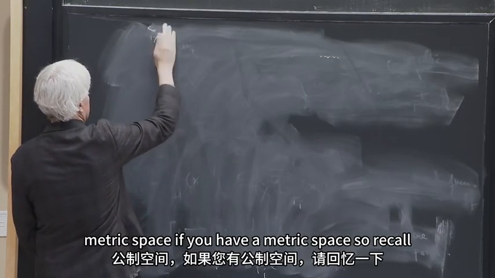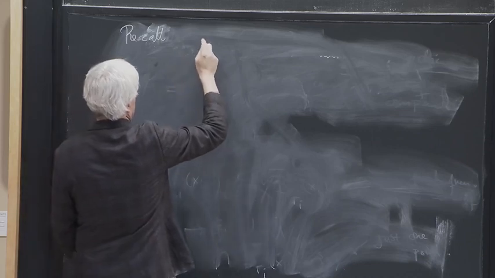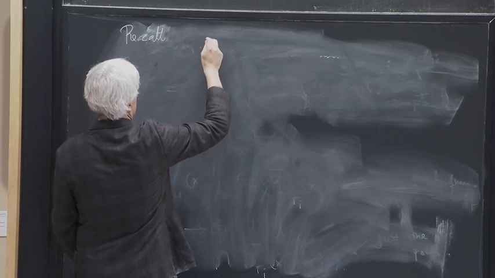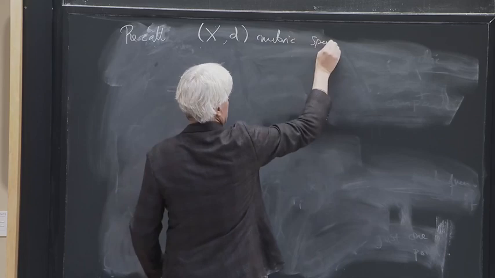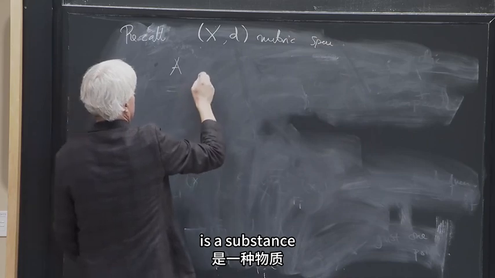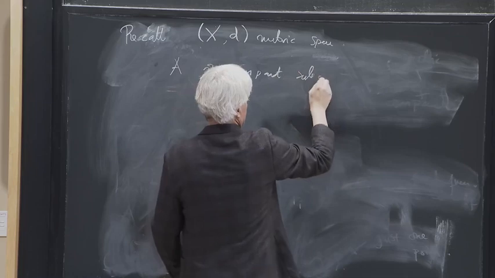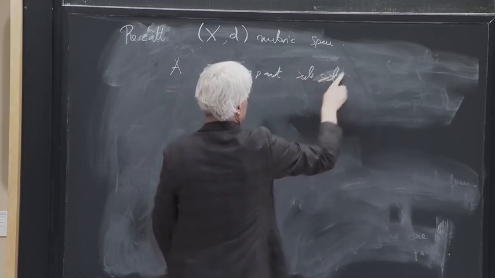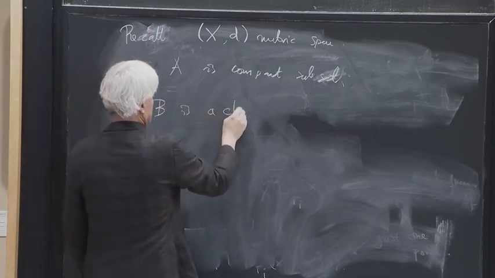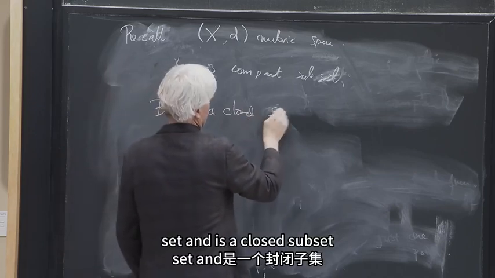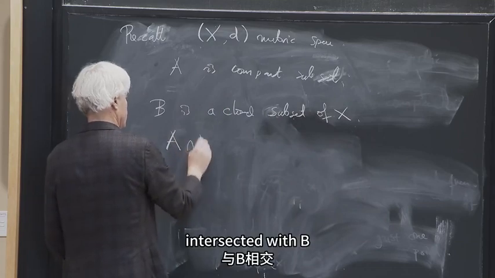if you have a metric space, so recall that if X here is a metric space, A here is a compact subset, and B here is a closed subset of X, well then A intersected with B, right?